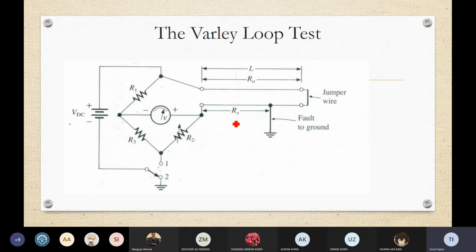And therefore in this case we will have RA, and on this side we also have RA. So if we connect the connector to one position, then the bridge is going to look like this.